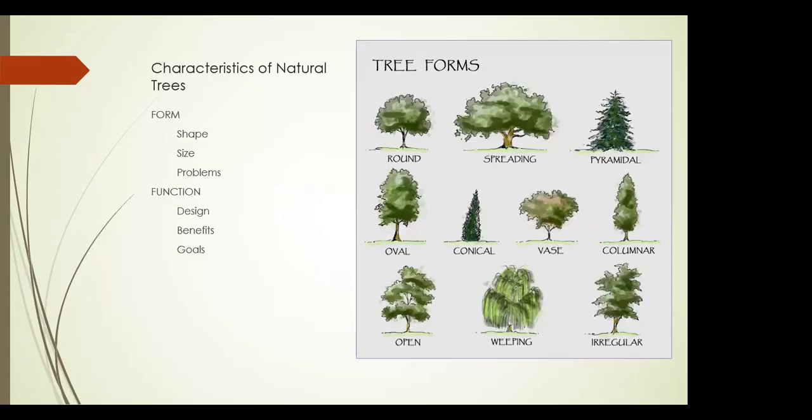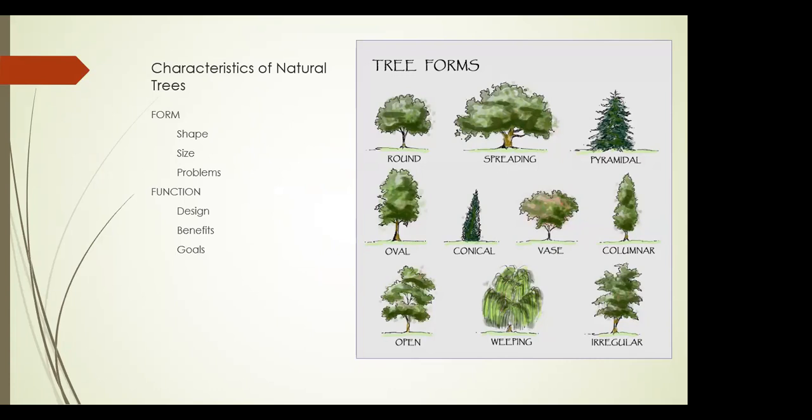Some of the characteristics of the trees are, let's get this out of the way. For natural trees, the forms that I show you there are pretty much what landscape architects or designers think about when they're putting a tree in the ground. We don't have a lot of trees that fill out these different kinds of forms. For instance, the open form is more like a maple, and we have very few trees that grow like that.